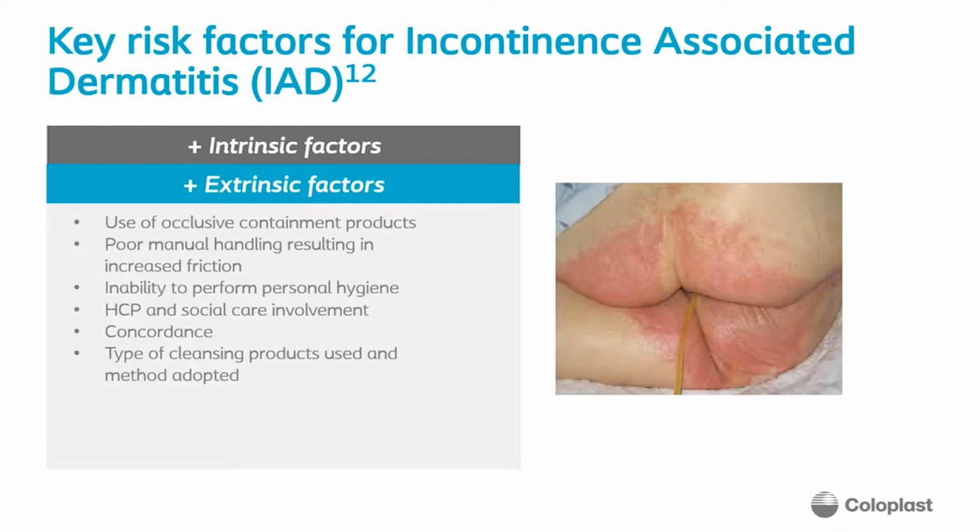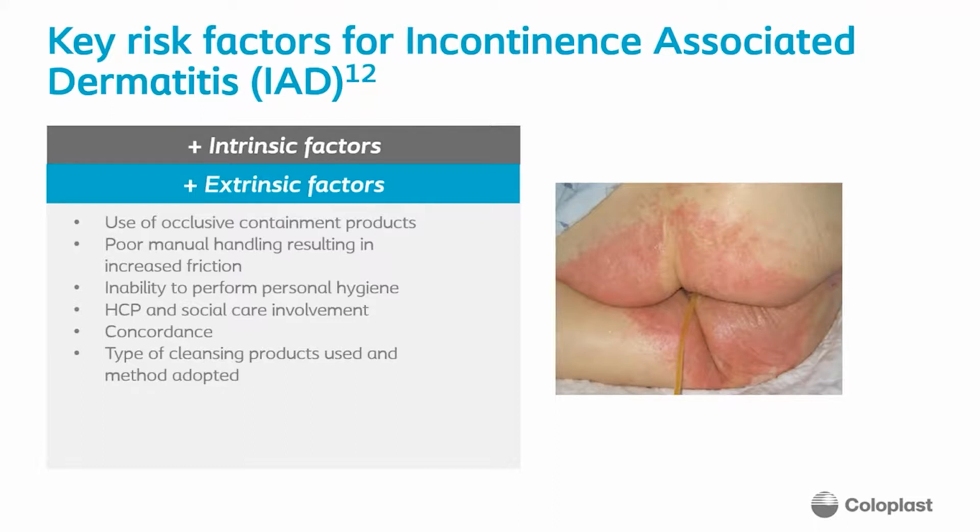We then look at the extrinsic factors. So the type of cleansing products that we're using on somebody. I've mentioned the pH balance of the skin. If we're using very harsh chemical sort of based products, then that again may be having an impact on the person's overall skin condition, which can increase the risk when it comes to incontinence-associated dermatitis. The person might not be able to clean themselves. They might have limited dexterity.